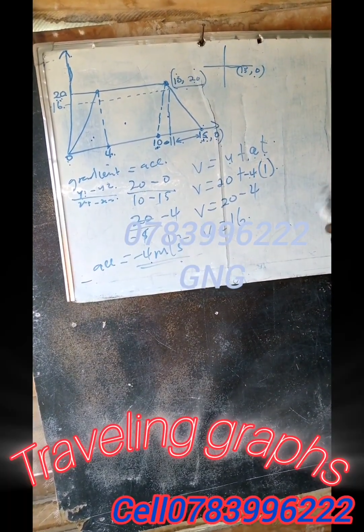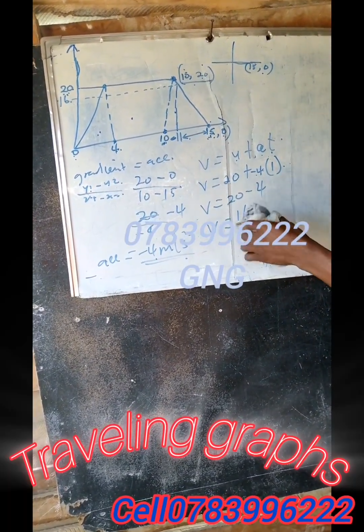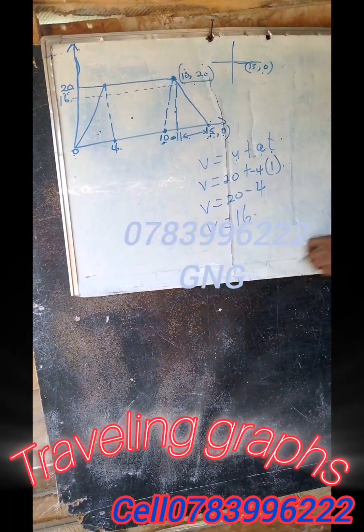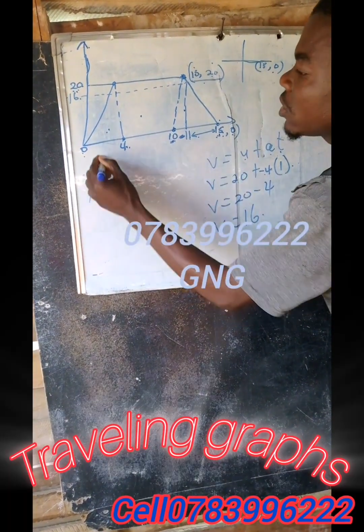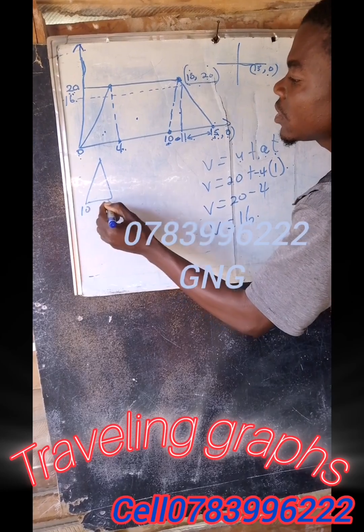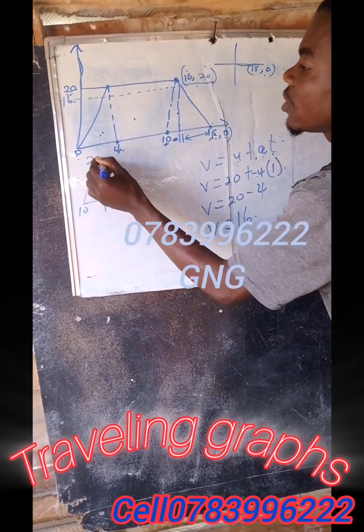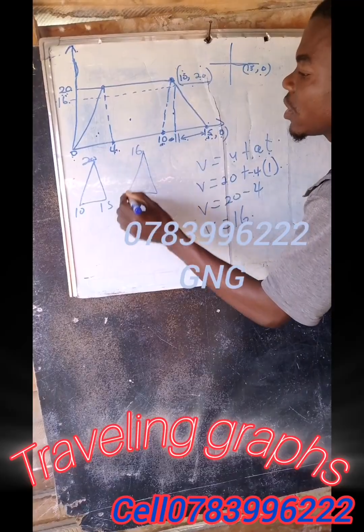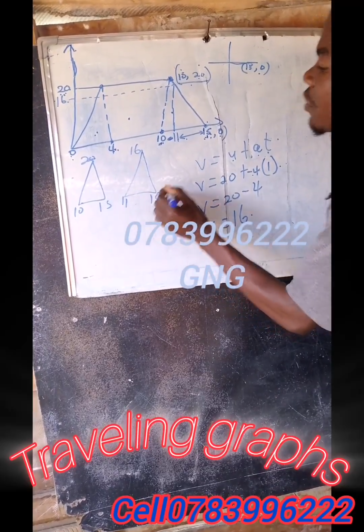Allow me guys to rub here. So it seems like we now have two triangles like this: this one with 10, 15 and 20, and this one with 16, 11 and 15.